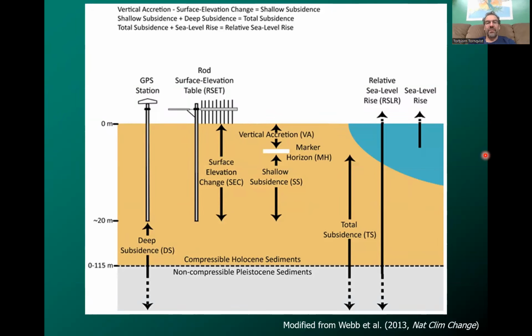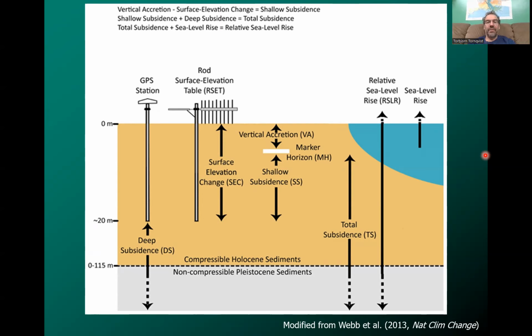And that takes us to this study by Krista Jankowski that I will start off with, that we did a number of years ago. This is a cartoon that is basically an adaptation of earlier cartoons that you may be familiar with. This is from the Webb et al. overview in Nature Climate Change.